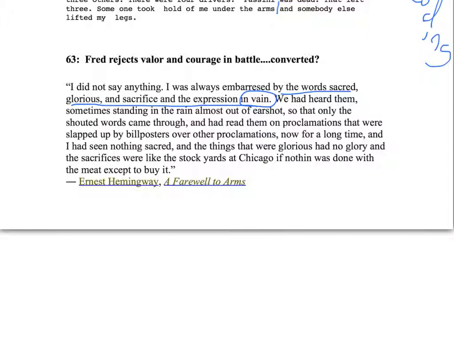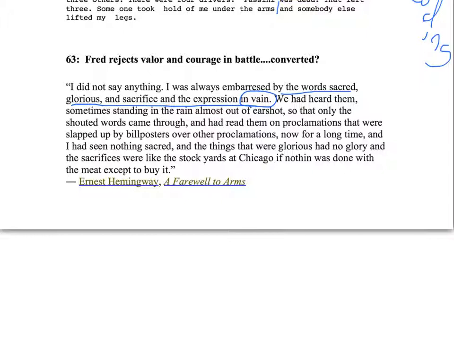And so we get this beginning of Fred's conversion, if you will, his initiation into disillusionment that defines Hemingway's texts. He'd seen war, he'd had his leg blown off, he'd seen Pacini bleed out to death, and he'd seen sacrifices, the ultimate sacrifice of losing one's life, and he compares it to rotten meat in a Chicago stockyard that's taken outside and buried.